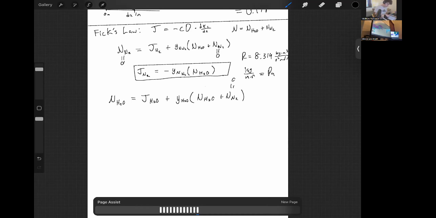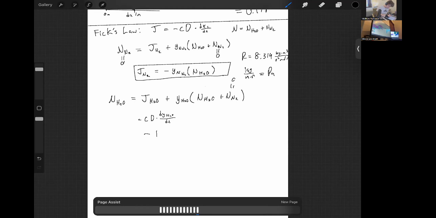And we know that for this concentration, it's going to equal, let's say for J, negative concentration times diffusivity times the change of the molar fraction of H2O over the change of distance. And then before I even continue from this point, I'm going to set in the values for concentration here.